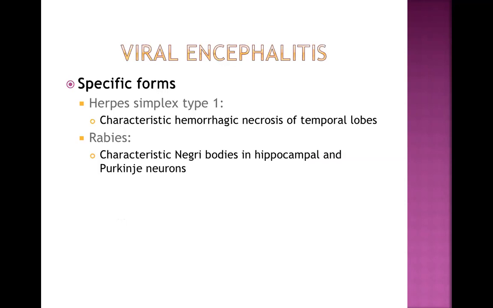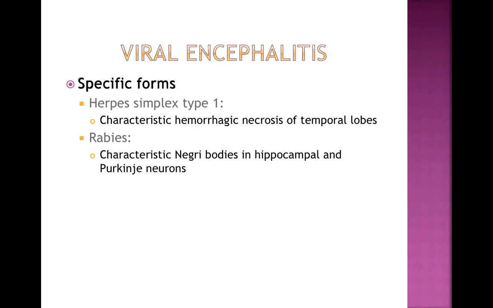Now, there are certain specific forms of viral encephalitis like herpes simplex type 1 and rabies. Why are these important? Because some MCQ questions can be directly asked from there. In HSV encephalitis, there is hemorrhagic necrosis of the temporal lobe of the brain. So when we do a CT scan, we can specifically look at this area.